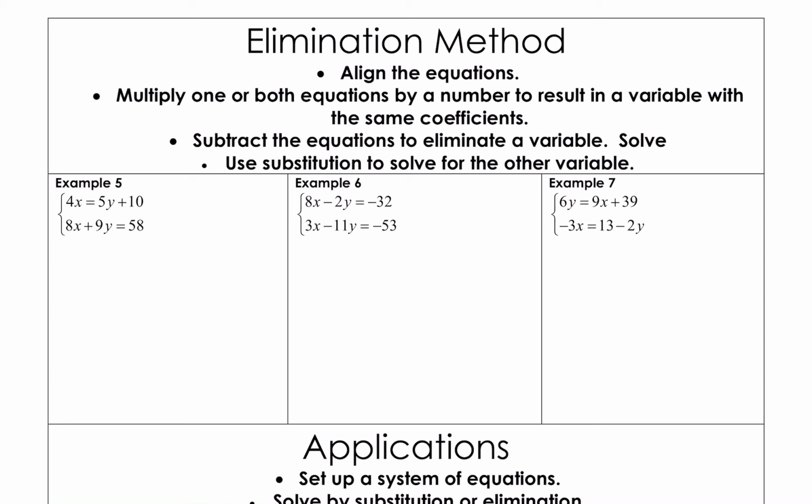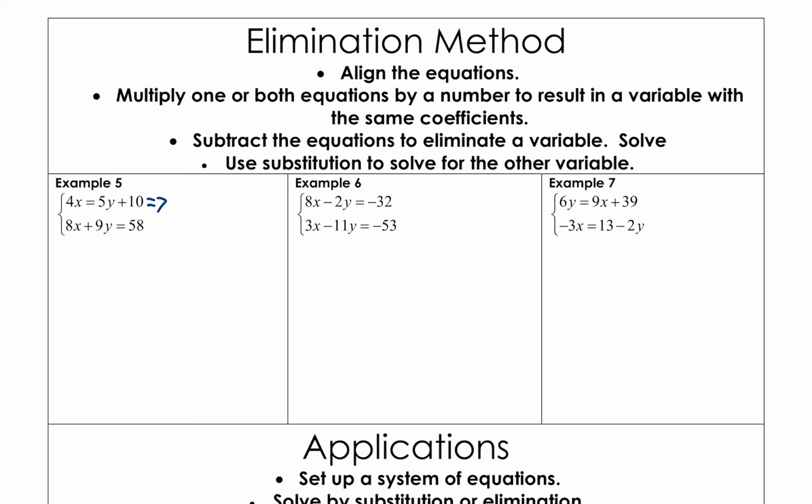Okay, so what this looks like is my first step is I'm going to rewrite this top equation so that it's all lined up. Like, for example, I want my x's on top of each other. I want these pluses or minuses on top of each other. I want my y's on top of each other, and I want these numbers on top of each other.